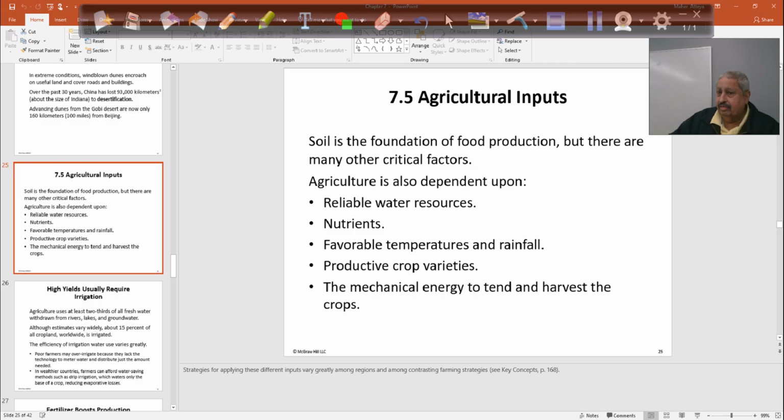So the agriculture depends on tap water resources, nutrition, favorable temperatures, rainfall, and productive crop varieties, and cultivation machines. So that's part of it.